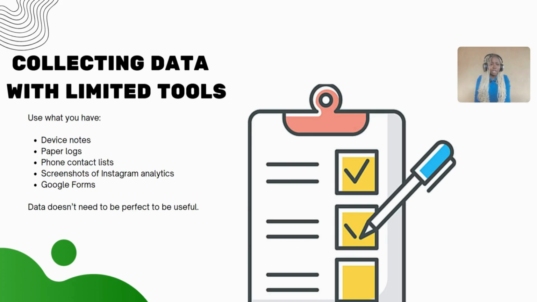So you can actually check them out to know how your posts in terms of your product or service are performing. Then your phone contact lists also, then your paper logs, as well as device notes. If you have a notepad on your phone, you can actually use that to also store data.